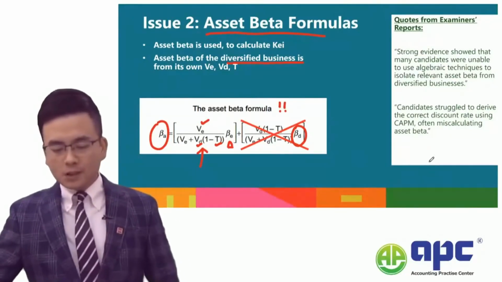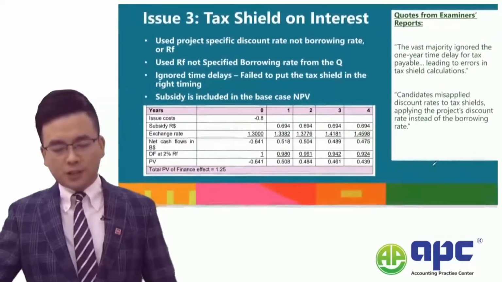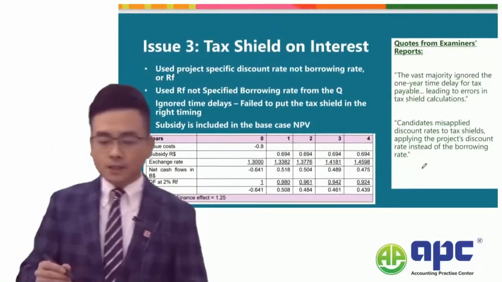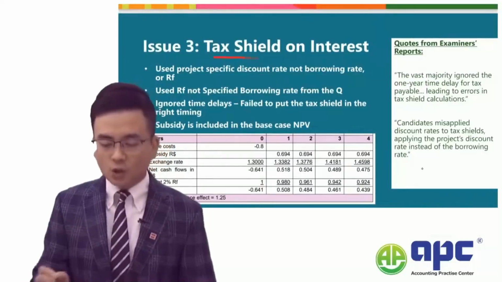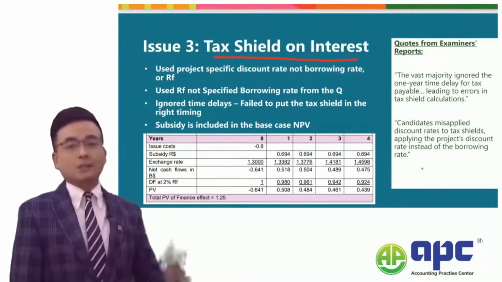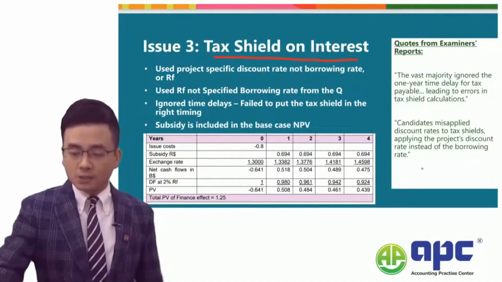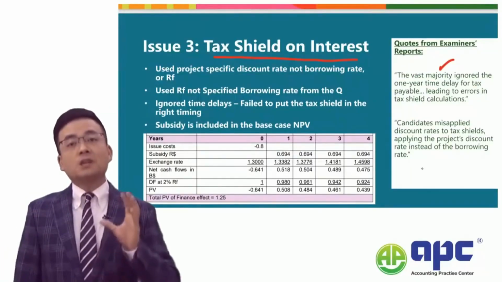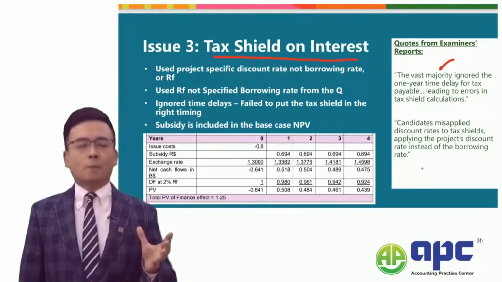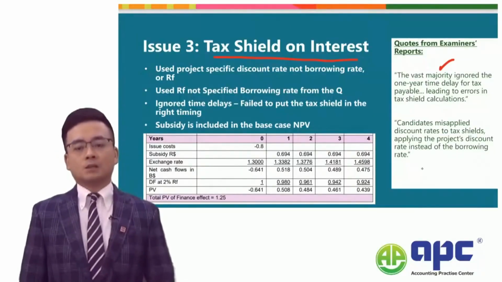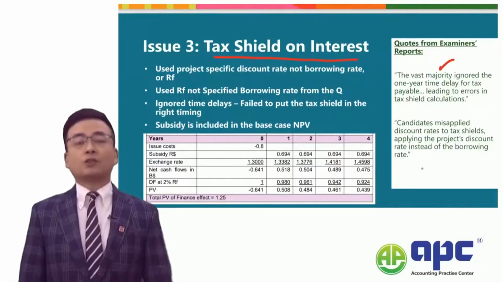Now, issue number 3. A lot of students failed to calculate correctly the tax shield on interest. There are a couple of issues that you can read directly from the examiner's report. Most likely, a lot of students simply used, for example, the annuity factor to calculate the tax shield on interest.